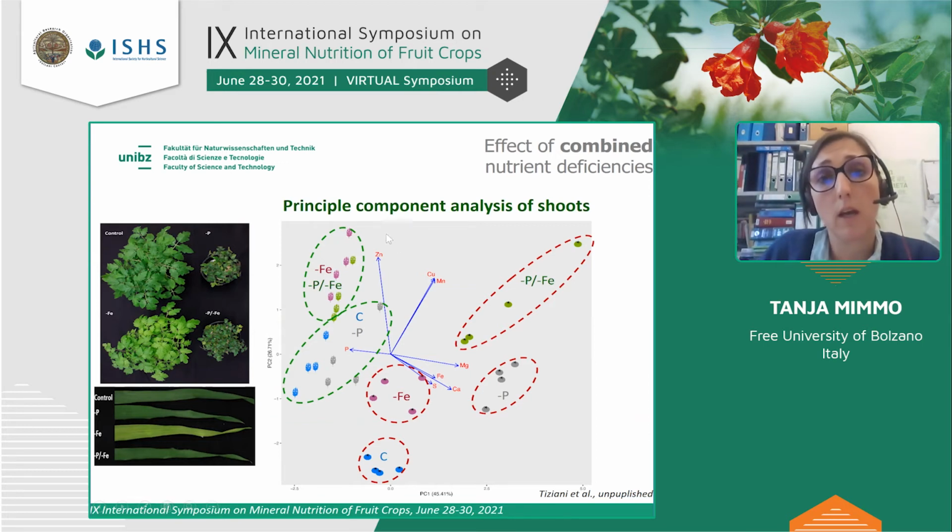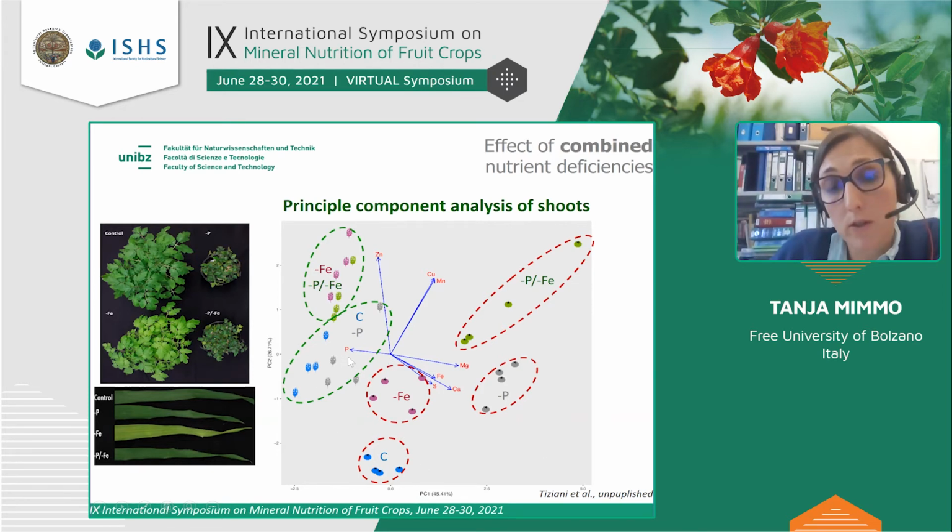We had 1 cluster of the iron deficient and the combined deficient plants, and the control and minus P plants clustered together. Also interesting was what was responsible for this clustering. On the first component, we had phosphorus, which was in some cases missing, but also some other macronutrients, magnesium, calcium, and sulfur, while on the second component, we had zinc, copper, and manganese, which are those interacting with the iron uptake.